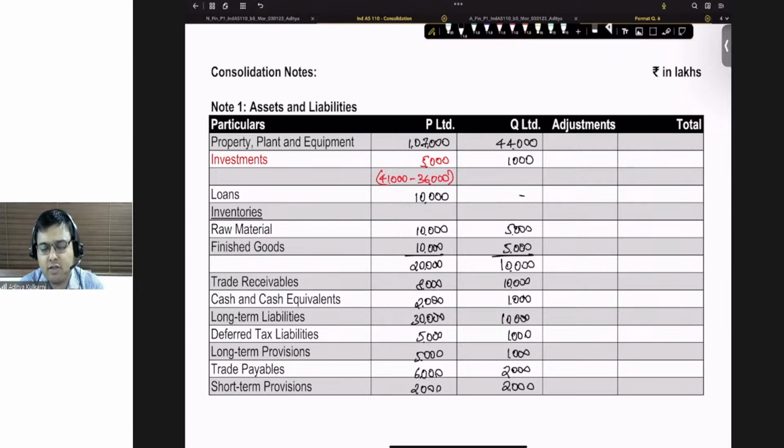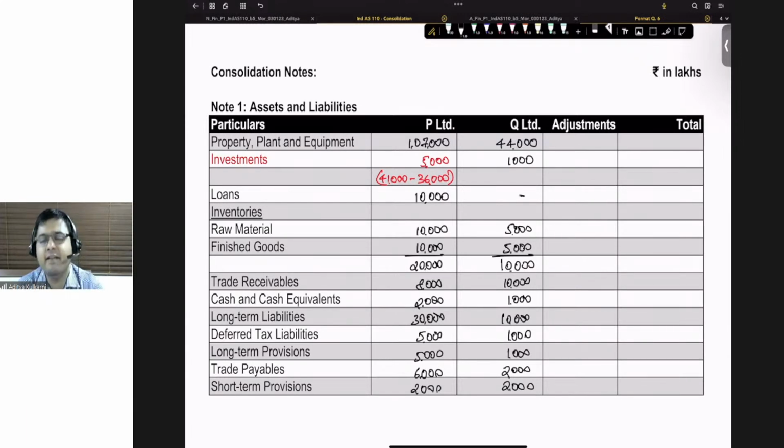But when you are consolidating, 36,000 relates to a subsidiary. Now, when you are consolidating, I have invested in equity shares of a subsidiary. So naturally, it has to go away because in its place, I will be replacing the assets and liabilities of the subsidiary, the profits of the subsidiary.